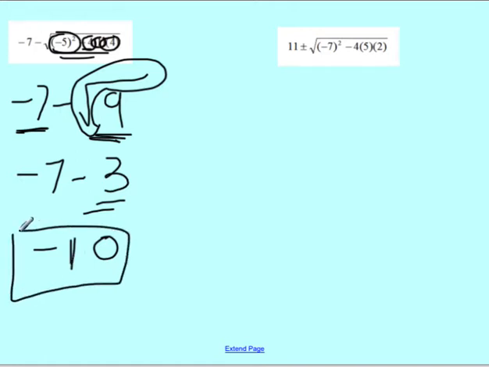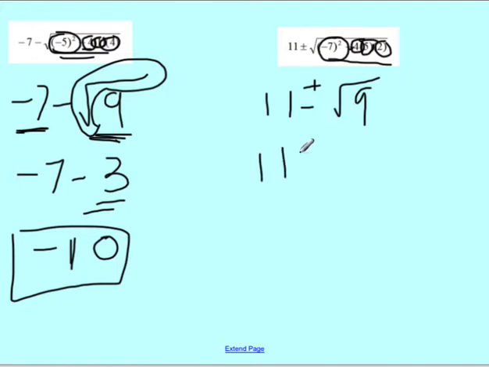Now taking a look at this one, again, we want to simplify underneath first. The first thing you're going to do is take a negative 7 and square it. Then you're going to subtract 4 times 5 times 2. When you do that, you end up with, again, 9 underneath your radical. So we have 11 plus or minus the square root of 9. Before I can add the 11 to anything, I have to actually take the square root, and I get 3.